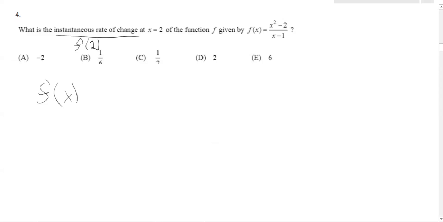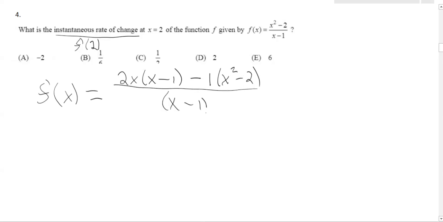So f prime is the quotient rule. The derivative of the top times the bottom minus the derivative of the bottom times the top, all over the bottom squared. Now, you could waste time and simplify this whole thing, or since you're evaluating it and not looking for the simplified form, you could just plug 2 into this.